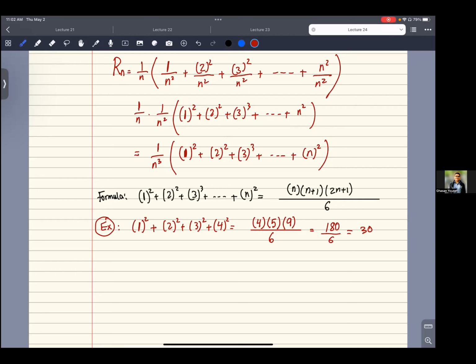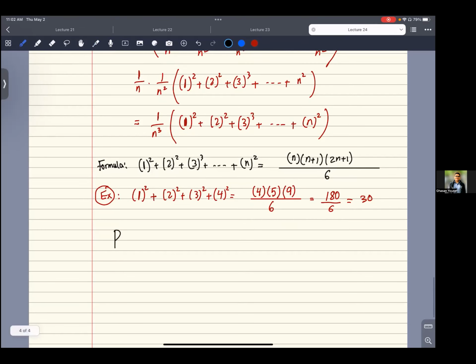Is it clear? Okay. So the same thing here. The formula of this sequence is the same as these things. I'm gonna plug this formula in instead of the sequence. So r of n is 1 over n to the power 3 times n times n plus 1 times 2n plus 1 over 6.